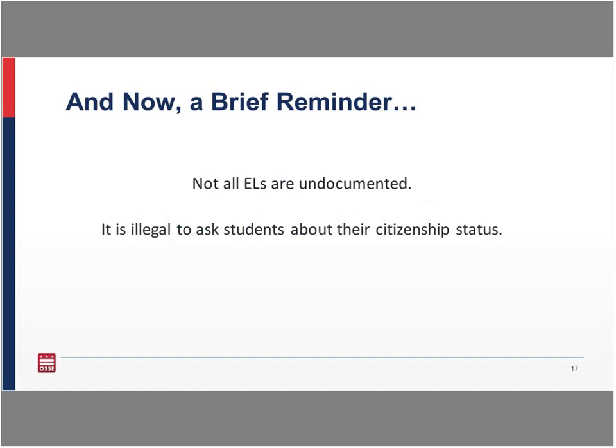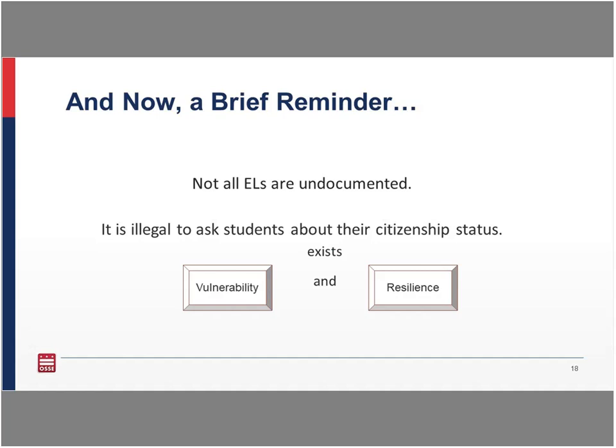But it's not okay and it's not legal to ask students or their families about their citizenship status. So as you're thinking about enrollment procedures or trying to find out more about students and their families and their backgrounds, there are some parameters that you need to be aware of when it comes to questioning and digging a little deeper.